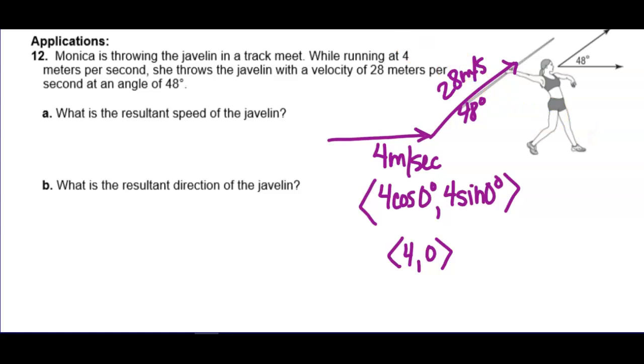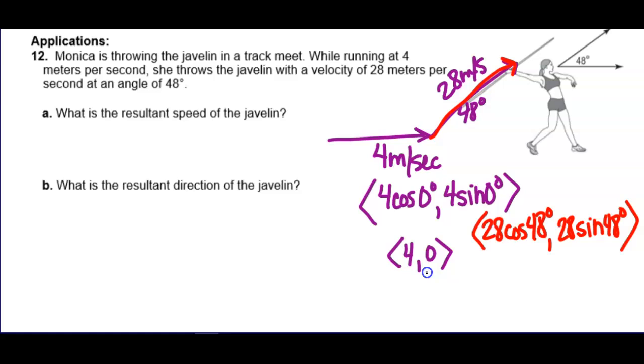And then for the throwing part here, where it leaves her hands, we're going to do 28 cosine of 48 degrees and 28 sine of 48 degrees. Make sure you put the angle in with the sine function, not the magnitude.